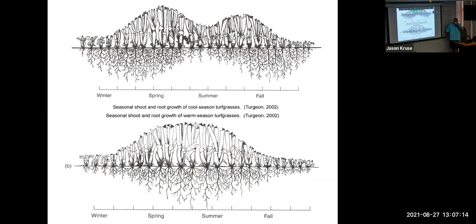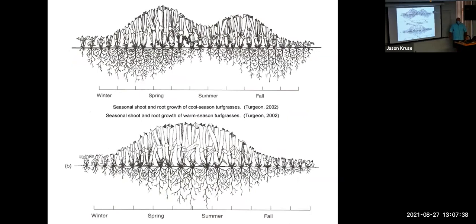I will refer to this probably more than you care to hear about, because so much of how we manage turfgrass systems depends on the environmental conditions they're growing in and the temperature and time of year. All right.